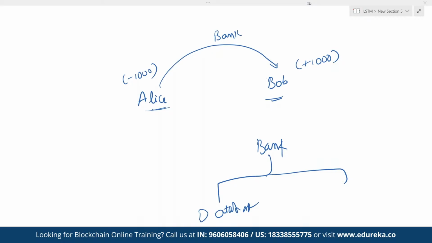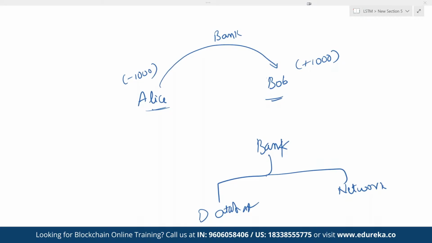And also this bank has a network. The bank uses the network to process the wire transfer or the NEFT transfer so that the funds can be transferred from her account to Bob's account. Because there can be a scenario where Bob's account might not be in the same bank.